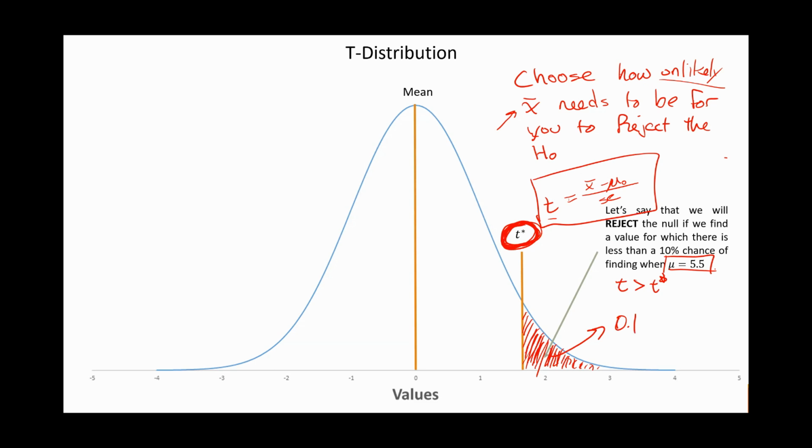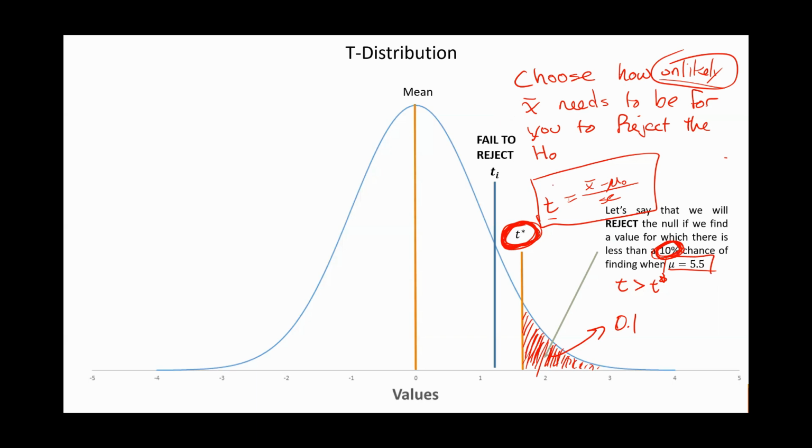All right, so we could do that. We could set a threshold. We could choose that we're going to reject the null so long as our t-statistic is less likely than 10%. We could set 10% as our threshold of unlikeliness. In which case, if we got a t-statistic here, we would fail to reject.